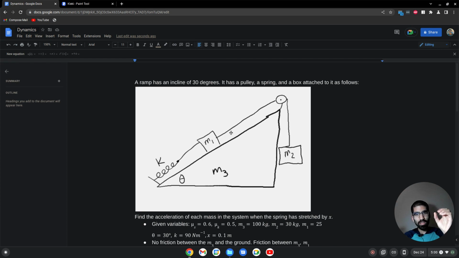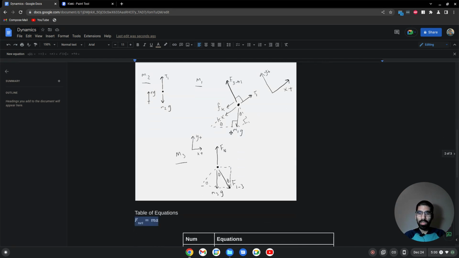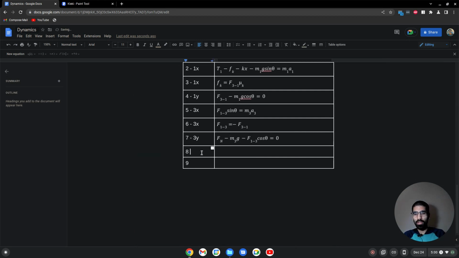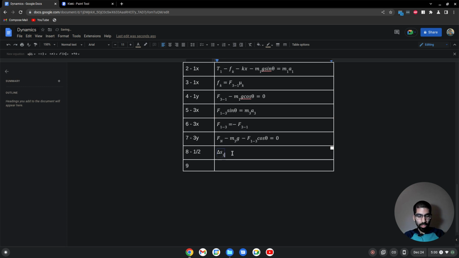It's not going to be in the same direction, but it's the same distance, right? So let's make sure to specify that. This is for masses 1 and 2. Whatever the displacement of mass 1 is, it's going to be equal to the displacement of mass 2.